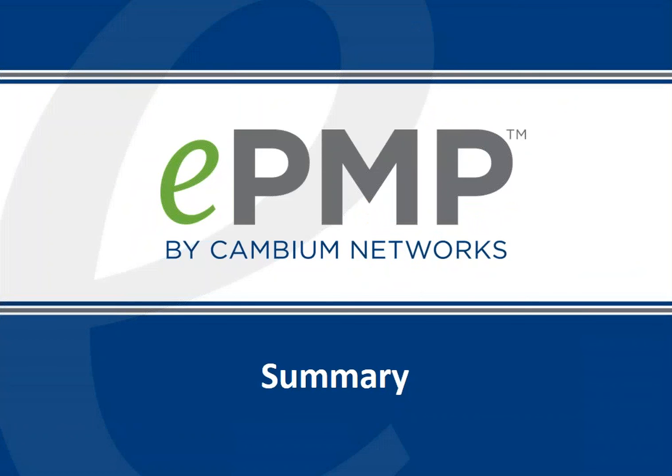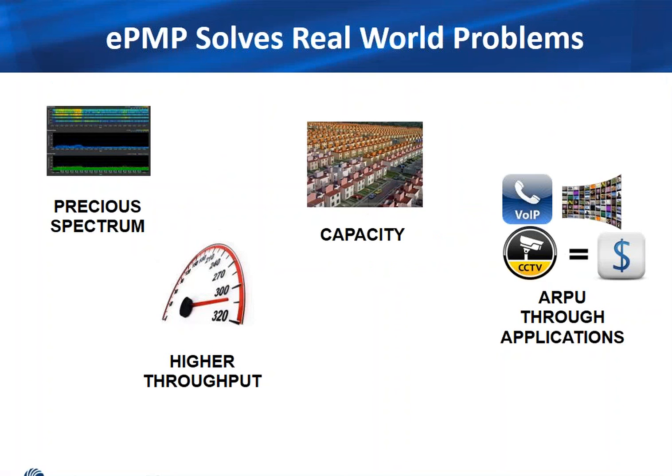Okay, so a lot of things new on the ePMP. If you haven't tried any of these new software releases or any of these new products, we encourage you to do so. We think you'll be very pleased. So really, in summary, ePMP is a great portfolio that's available at a very affordable price that solves some real-world problems.